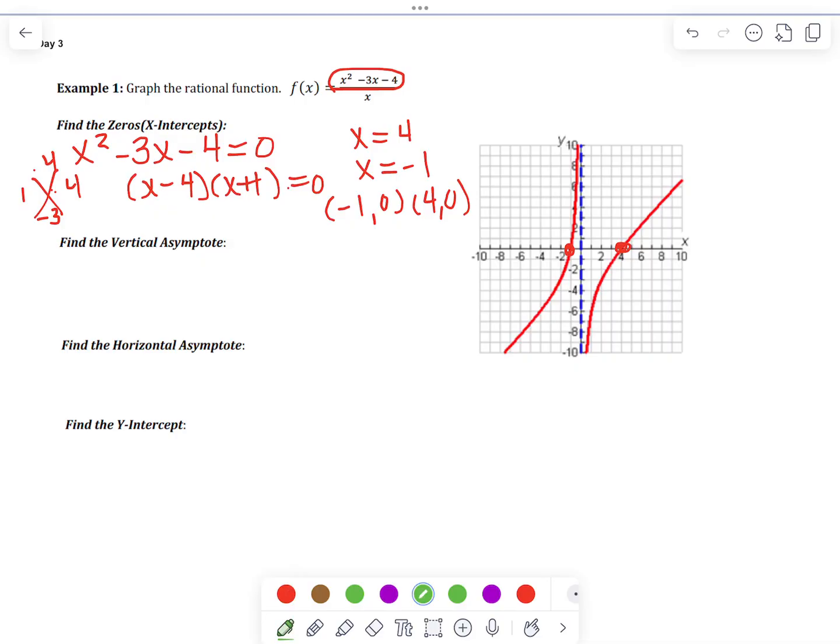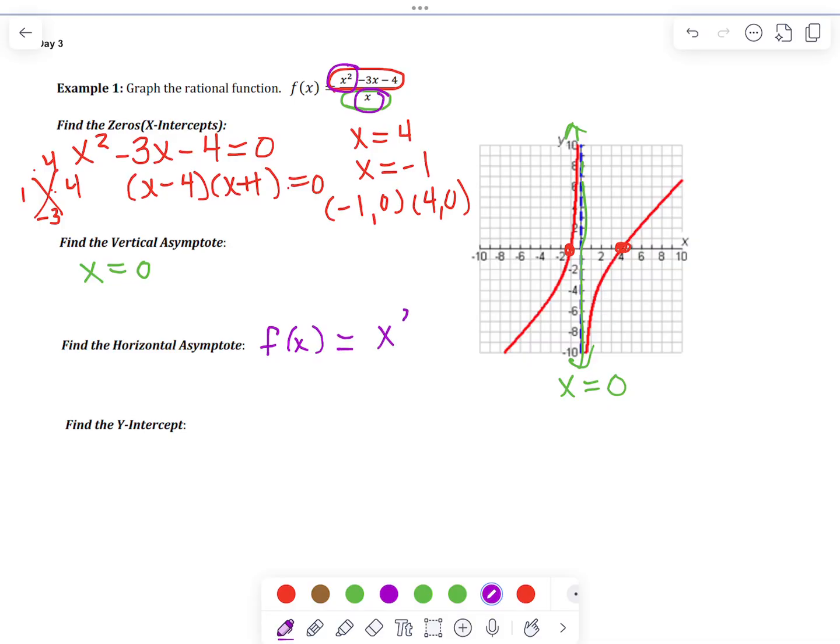Then we find the vertical asymptote. That's the denominator, and it's the 0 in the denominator, so we set x equals 0. So here is our vertical asymptote at x equals 0. Then we want to find the horizontal asymptote. I'm just focusing on the first term and the first term.